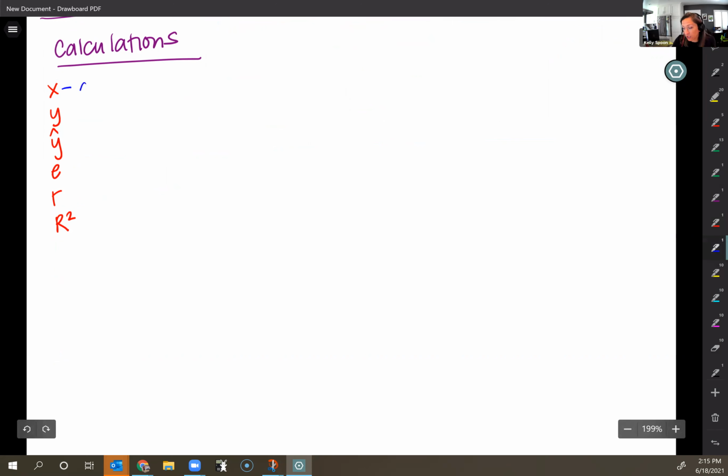X is the actual, and I'm going to make a distinction here between our X variable, which is like the pretest scores, and an X, which is an actual observed explanatory value.